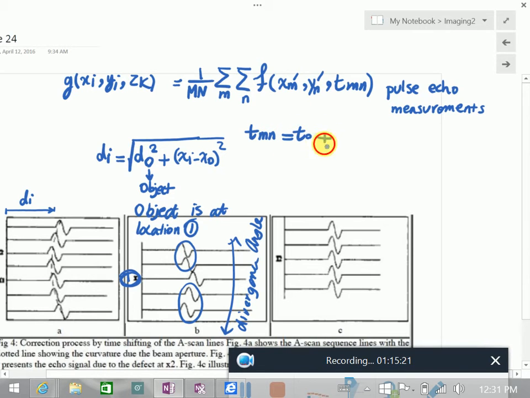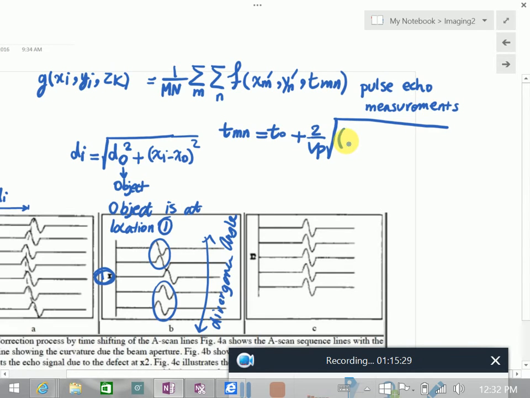And this TMN is basically from the same equation: the time distance from every point to the transducer location.